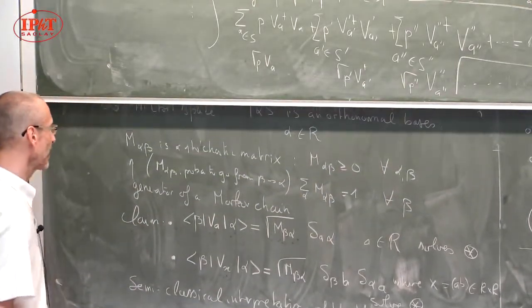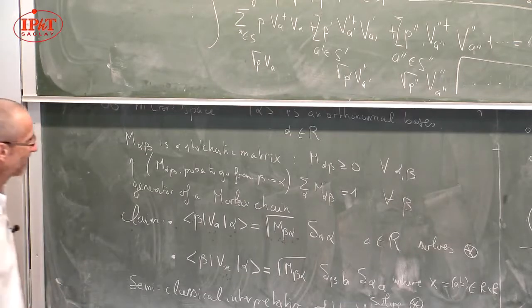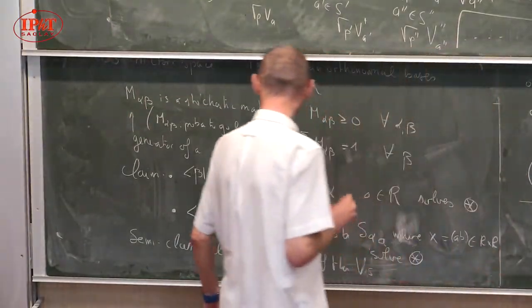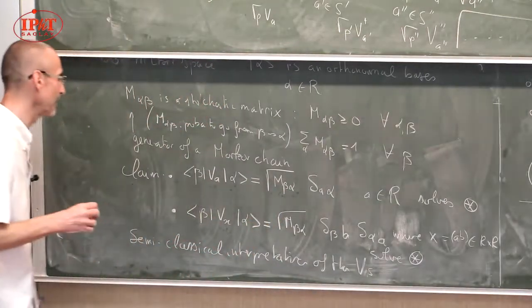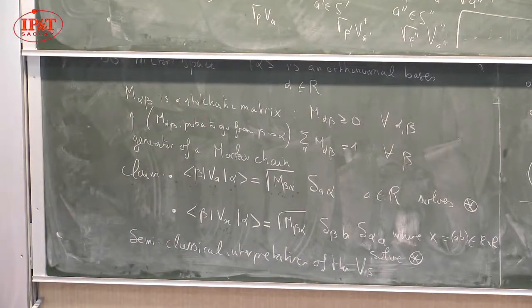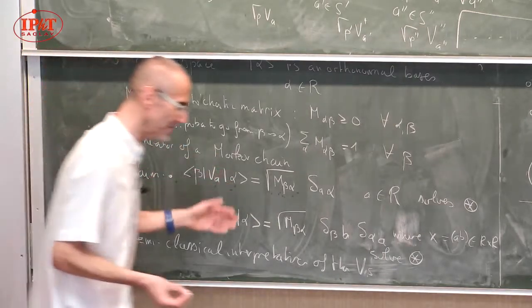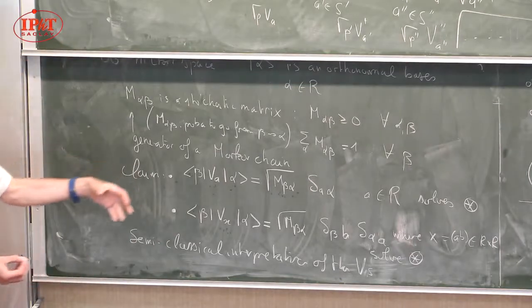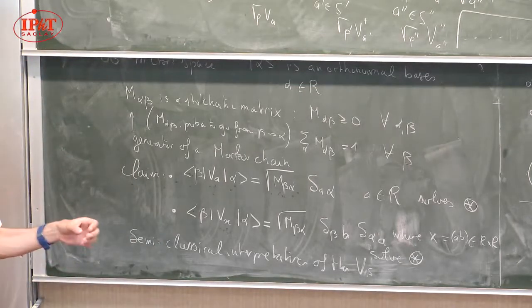And this is useful. I will not give the example of the double dot today, but this is one of the things you can try to rely on if you want to induce certain transitions. You say, okay, I want something that triggers the entrance of one electron in the system, or that one electron leaves the system and all that.